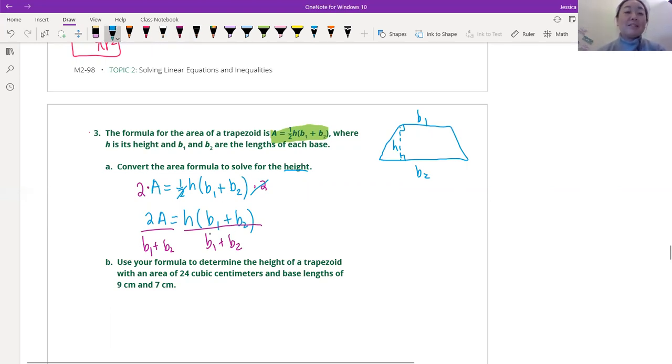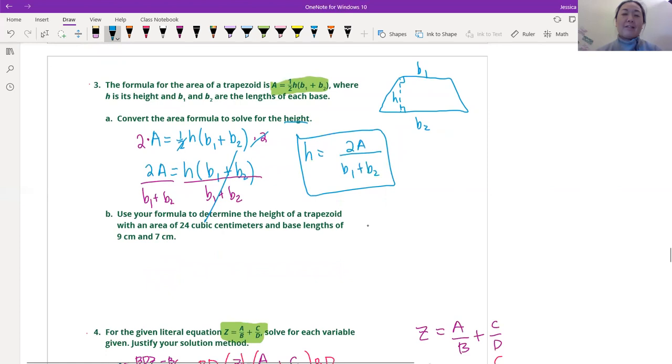These cancel out and we get h equals 2a over b1 plus b2. Done. The height is equal to 2 times the area divided by the sum of the two bases. I know, crazy, right?